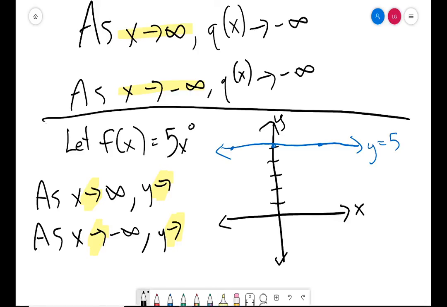Well, what happens to this horizontal line output as x gets very far to the left or to the right? It not only goes to 5, it actually is 5. It's always 5. It's not changing. So this is an interesting case of end behavior where we're not going very far up or down as we go very far left and right. We're actually staying very consistent, right at 5 always.